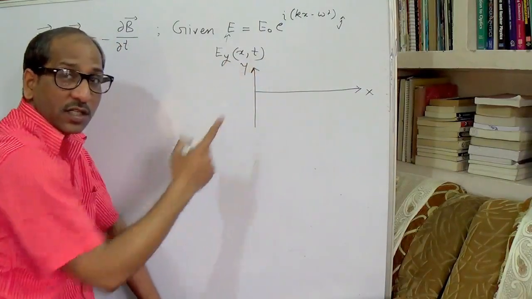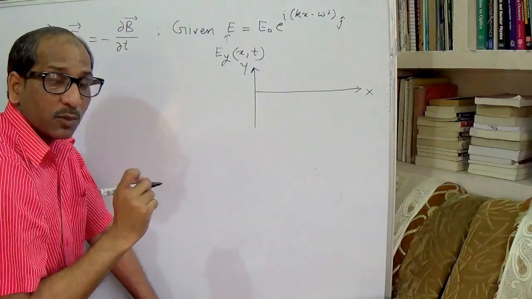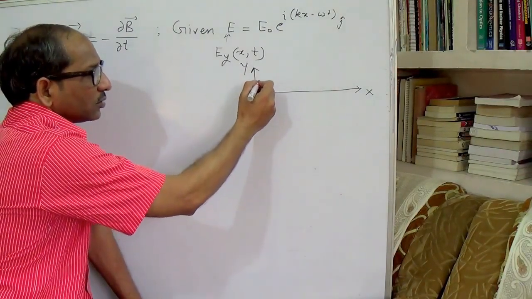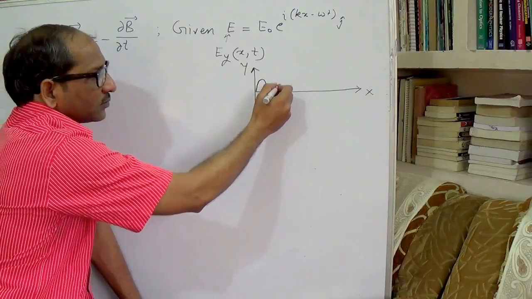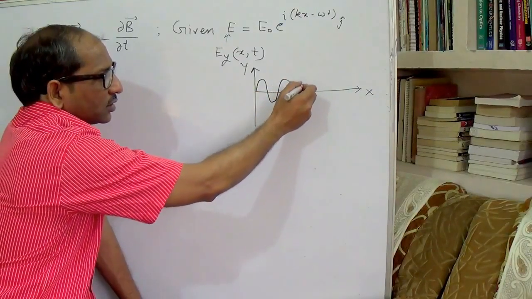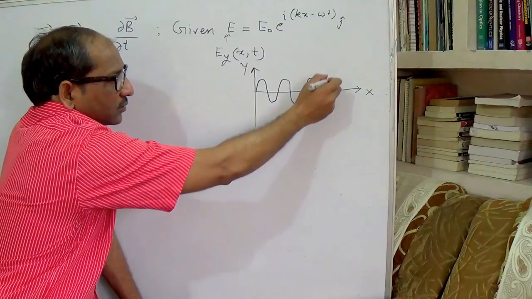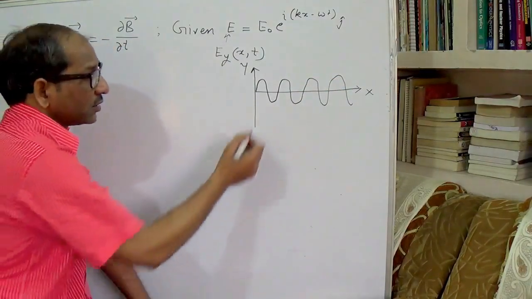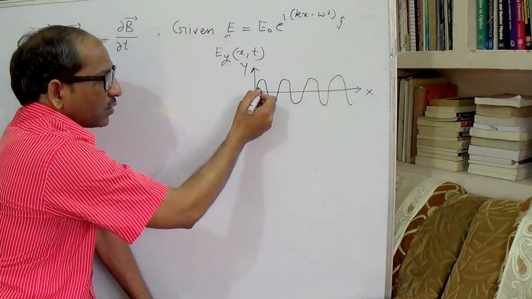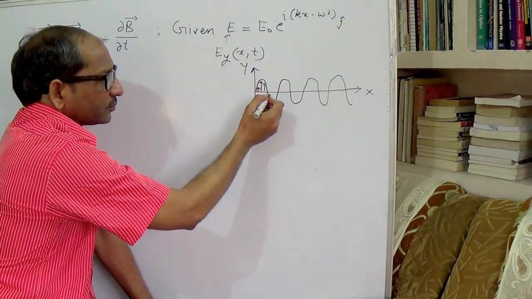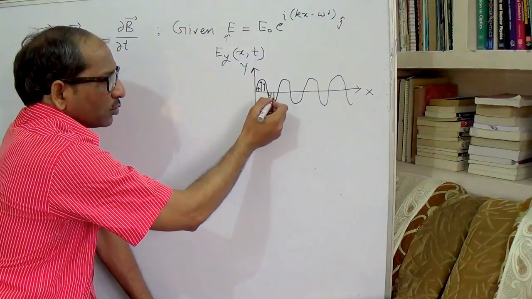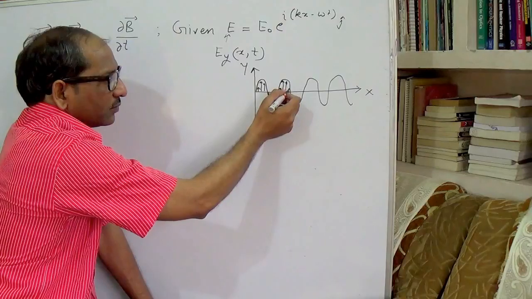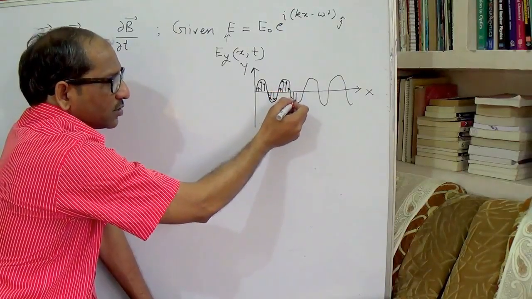Here I have considered the electric field component along the y-axis. This is the electric field component wave, and these are basically the vibrations because of the electric field in the medium, and the medium is free space.